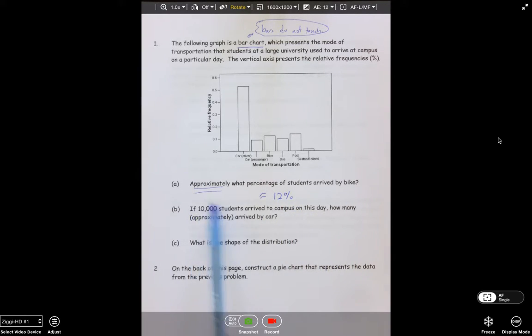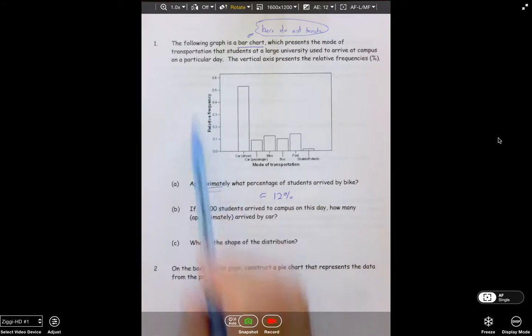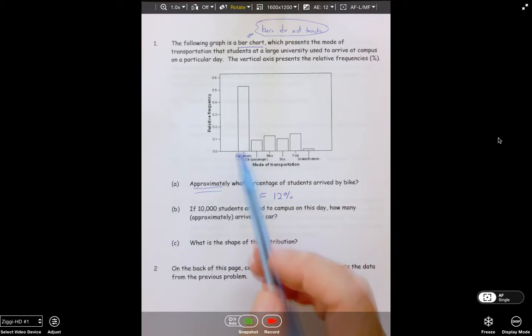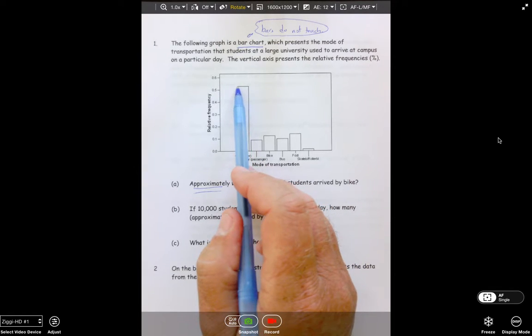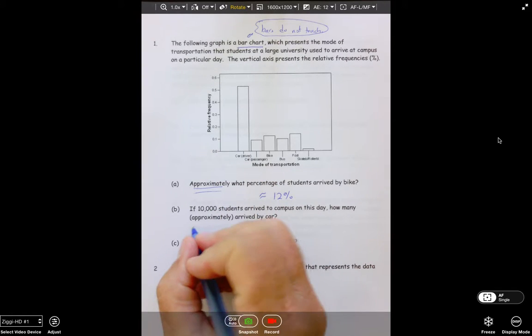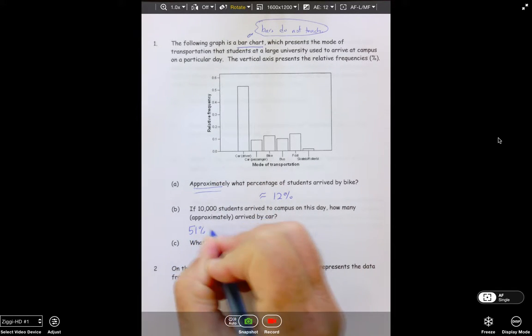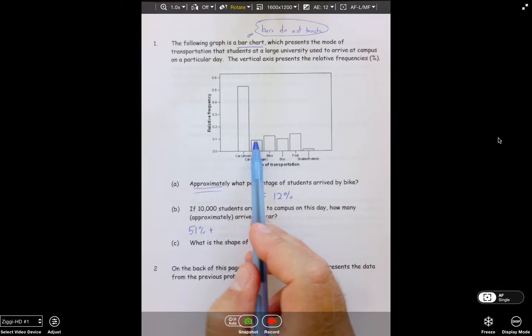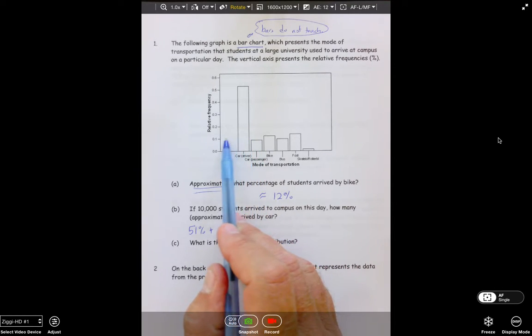Okay, now we're going to get into count. This is all about percentage. So we're saying if 10,000 students arrive to campus this day, how many approximately arrive by car? Well, you can see that there's two ways to arrive by car. First of all, car as a driver, which to me looks like it's about 51%. And you could arrive by car as a passenger, which to me looks like about 9%.